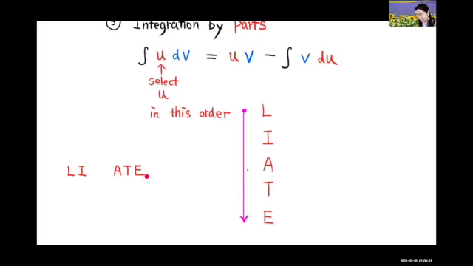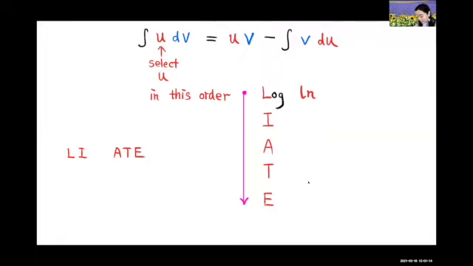So LIATE is this order. What does this L stand for? Take a guess. L stands for log function. So if you have a log function, you let u be that log function, so ln or log. The I stands for inverse trig.